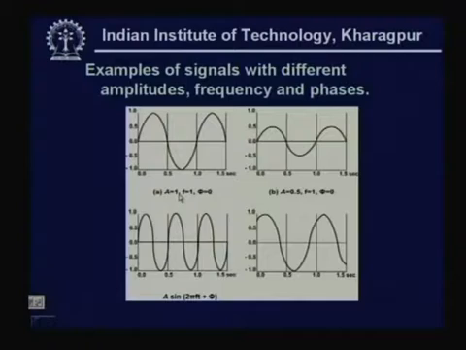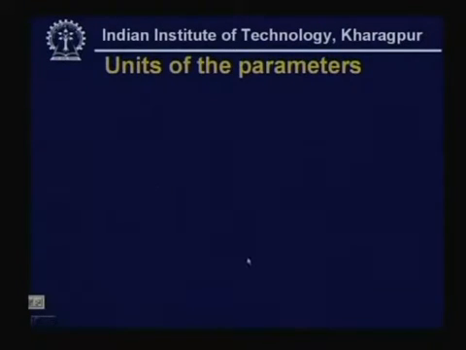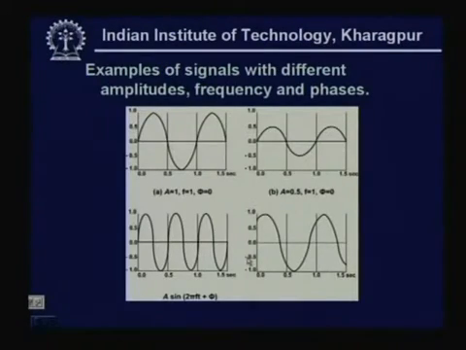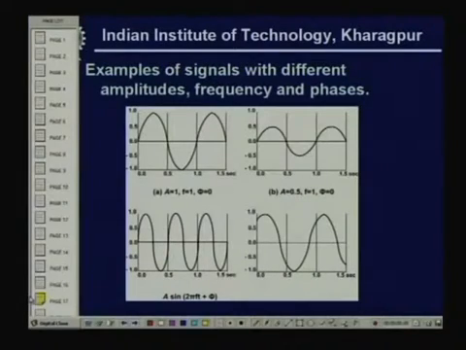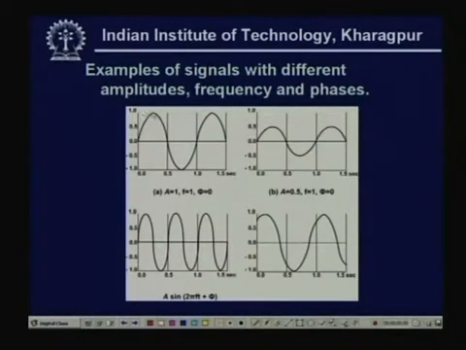So A is equal to 1 volt. As you can see here, this part is 1 volt, this is 1 volt, and within 1 second you can see one complete cycle is completed. So it has frequency f is equal to 1, and as I told, at time 0 the phase is 0, so phi is equal to 0.